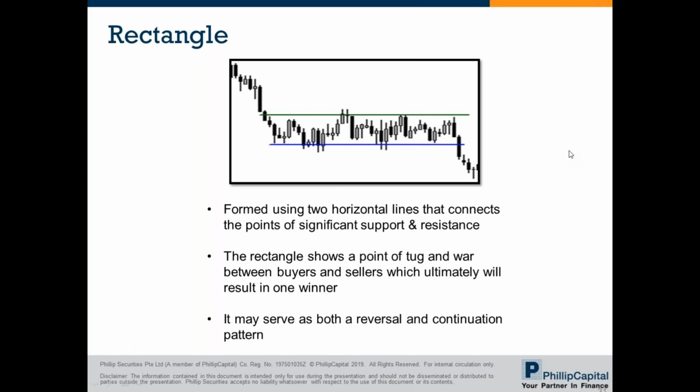So in terms of price action, what does it mean? It means there is a little game of tug and war between the buyers and sellers, where there is an indecision, where the market does not know where it wants to be, whether it should continue to move up or down, which is why prices are bouncing within this extremely tight range.